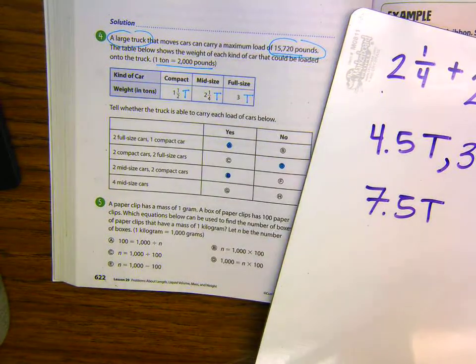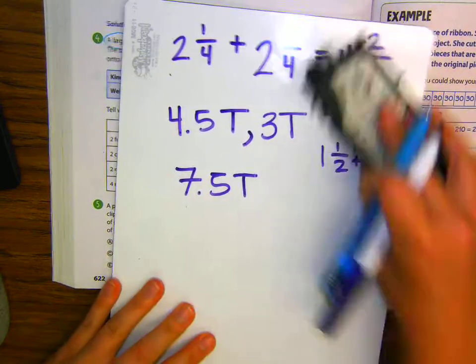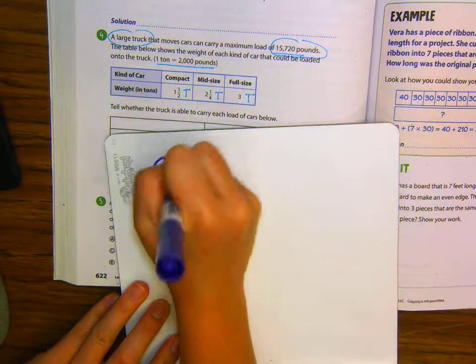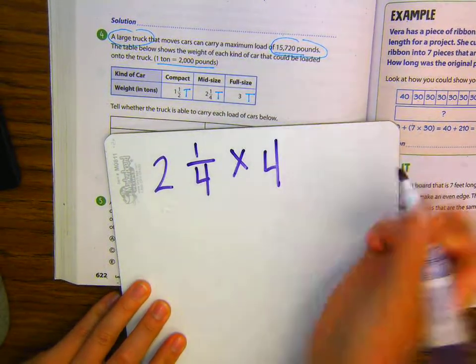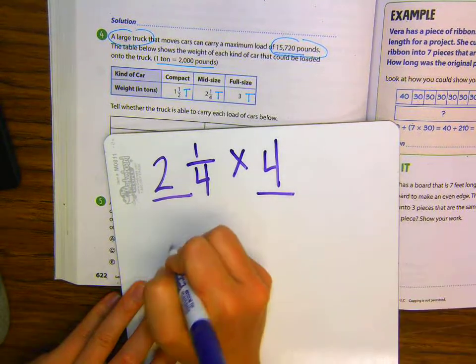Okay, and then the last one, 4 mid-size cars. Okay, 4 mid-size. So I know 2 1/4. Let's just multiply it by 4. Okay, so I multiply my whole numbers. 2 times 4 is 8.